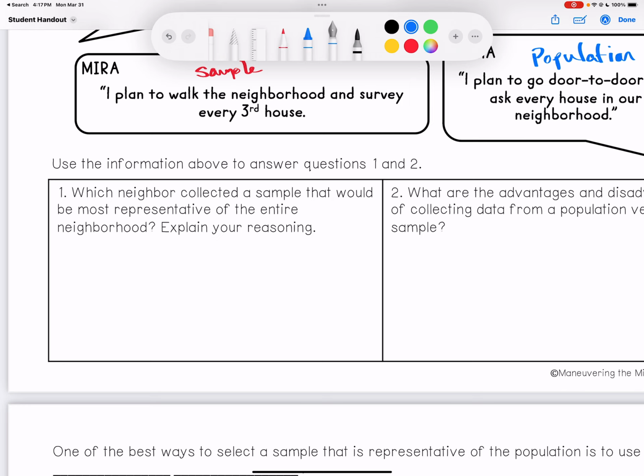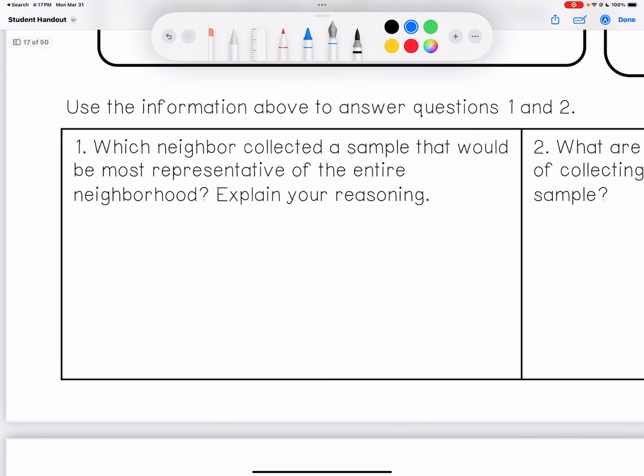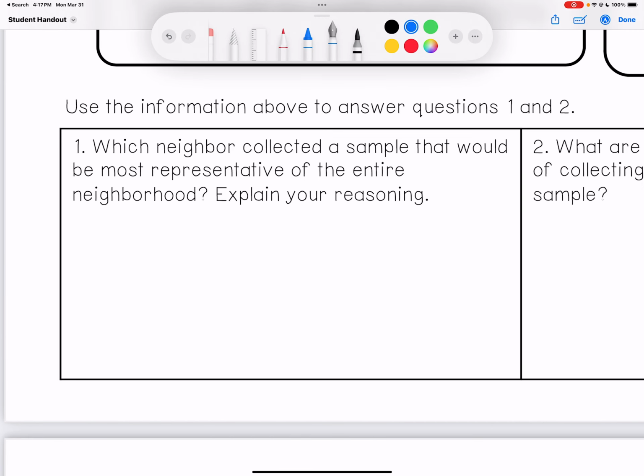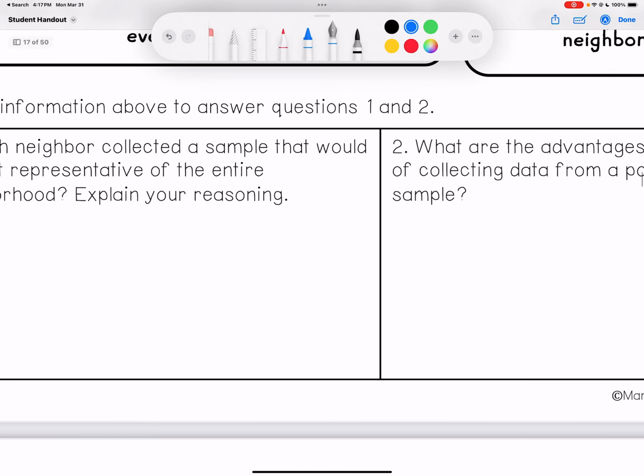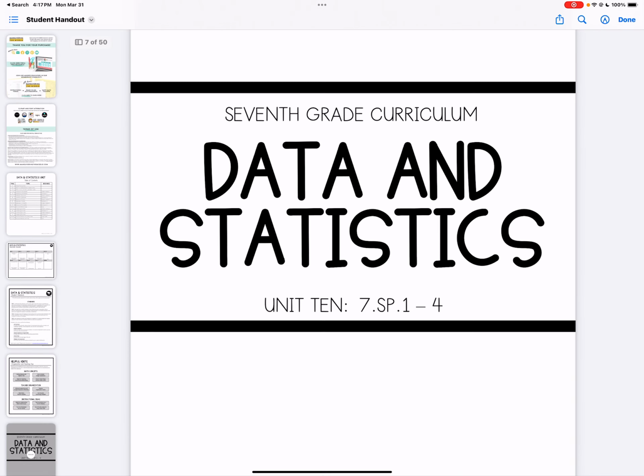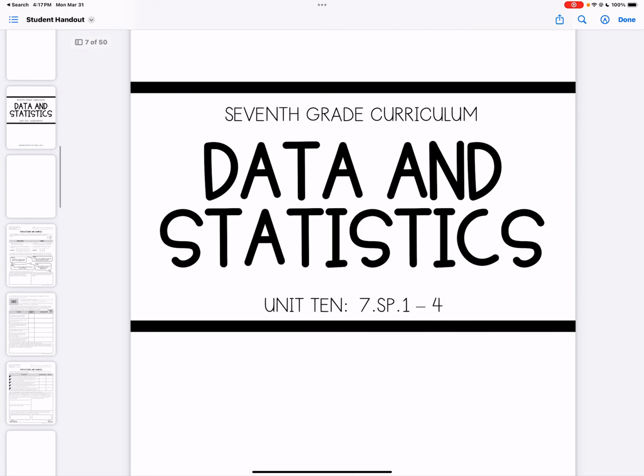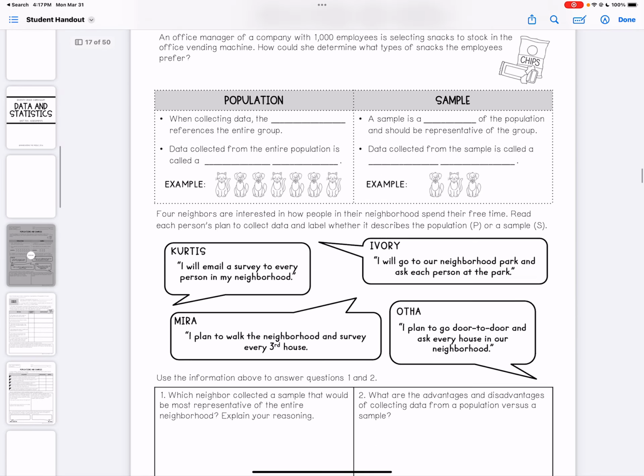Welcome back. All right, which neighbor collected a sample that would be most representative of the entire neighborhood? Explain your reasoning. All right.